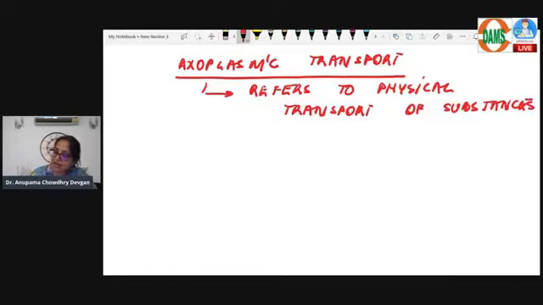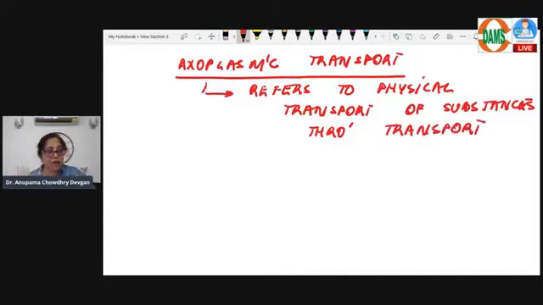That is known as axoplasmic transport. This is not the conduction of the action potential. Remember, conduction of action potential is an electrical phenomenon because of movement of charges, right? This is a physical transport of substances through the axoplasm. That is what is known as axoplasmic transport.